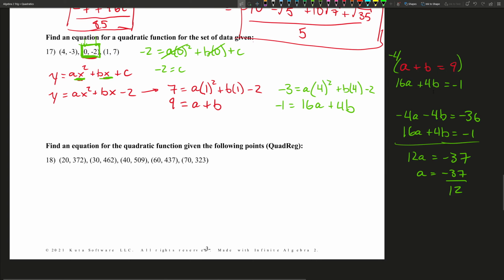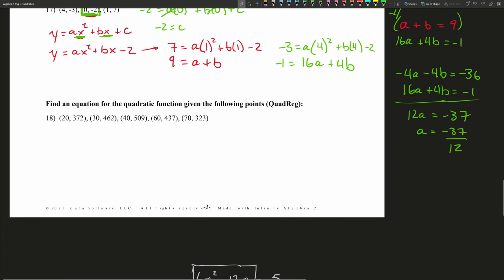Okay, so then we use a to find b. We can have negative 37 over 12 plus b is equal to 9. If we add that 37 over 12 to both sides, we get b is equal to, let's see, 108 over 12 plus 37 over 12.